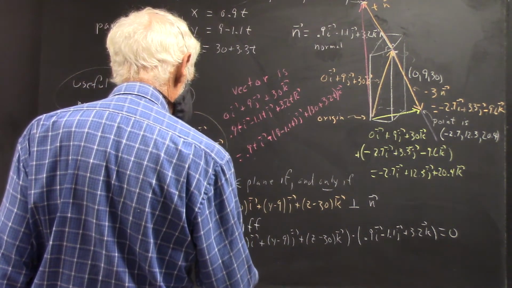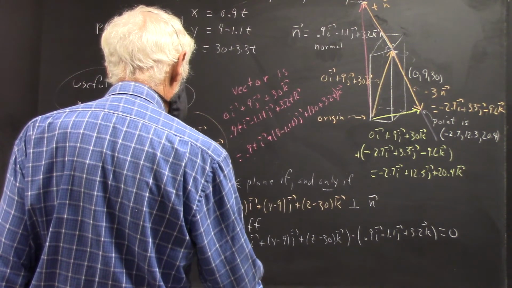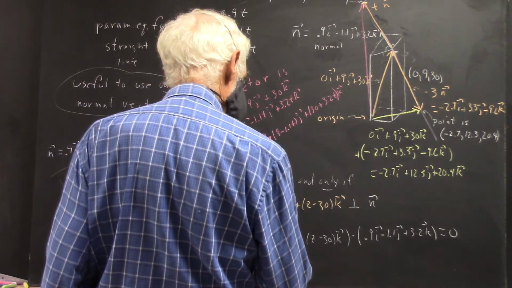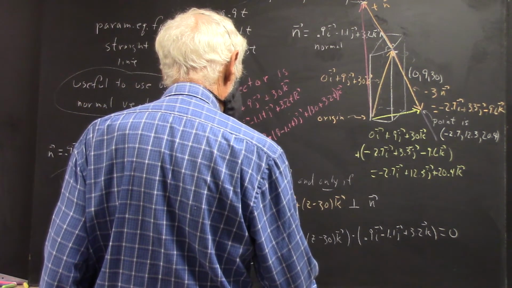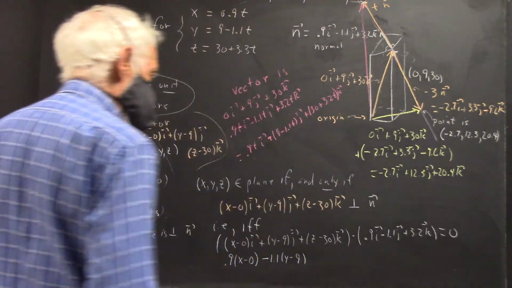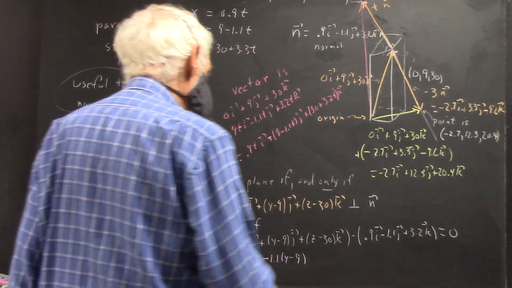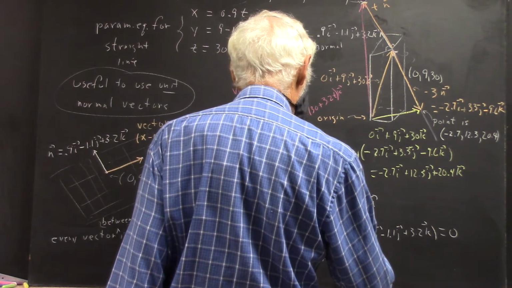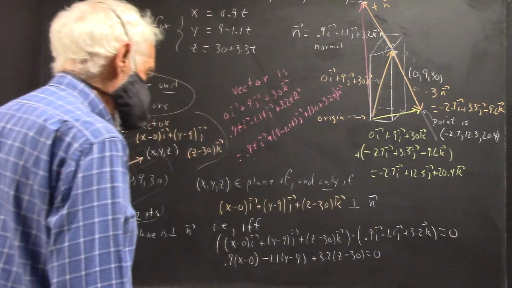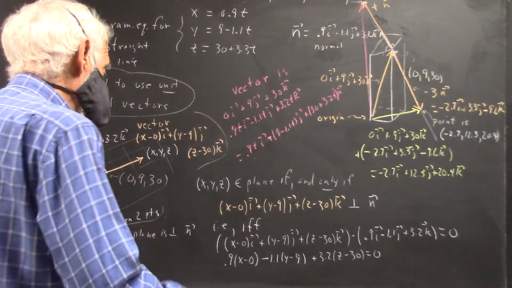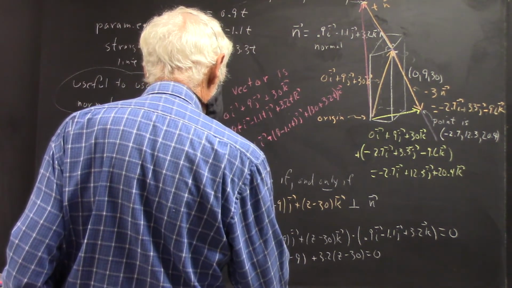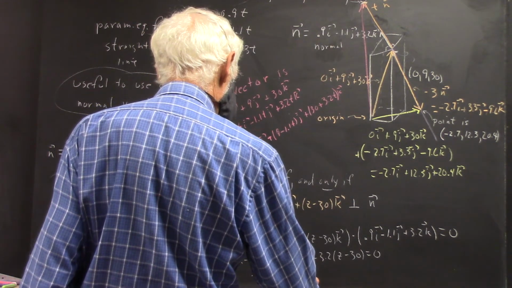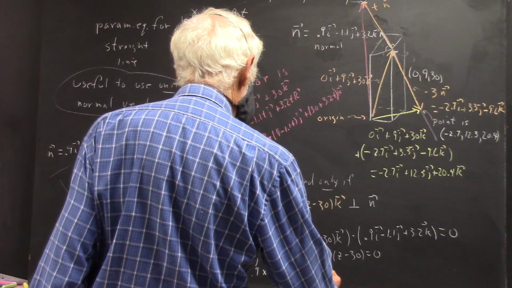You get 0.9 times x minus 0, minus 1.1 times y minus 9, and then you just do the arithmetic and you see you got 0.9x minus 1.1y plus 3.2z.